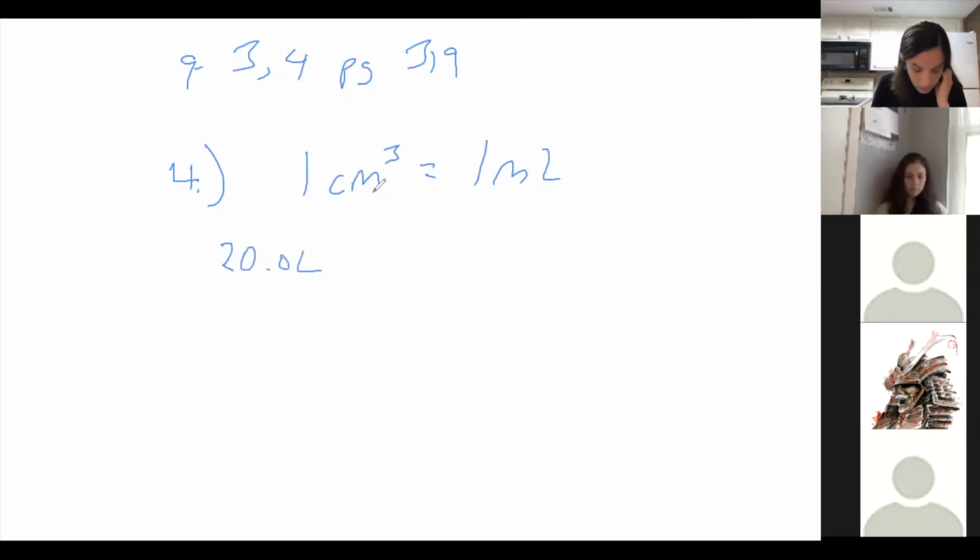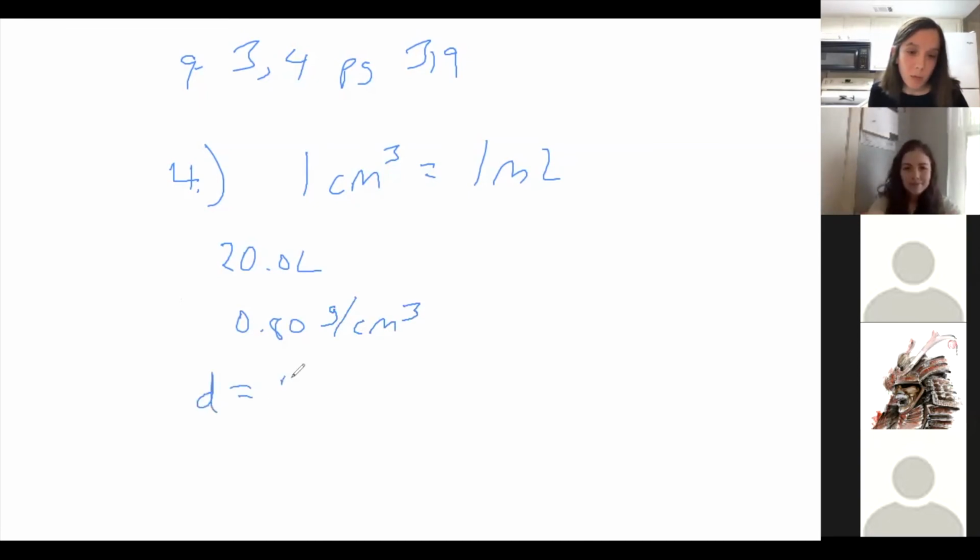Now we're given in the problem the density of methanol, which is 0.8 grams per cubic centimeter. So what we would need to do is use the volume and use the density to get mass. Density equals mass divided by volume.